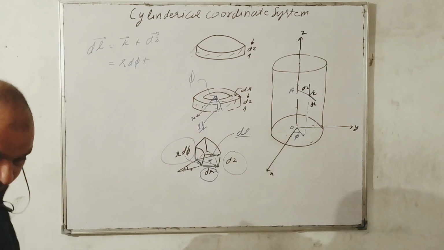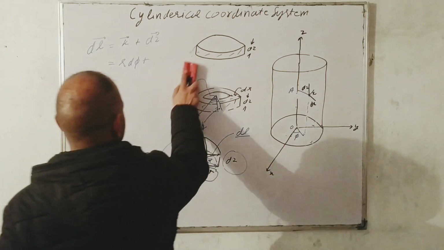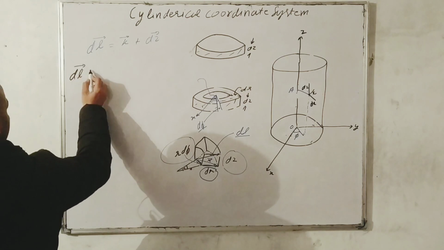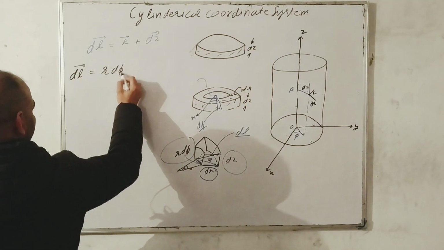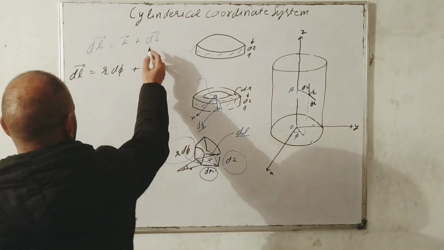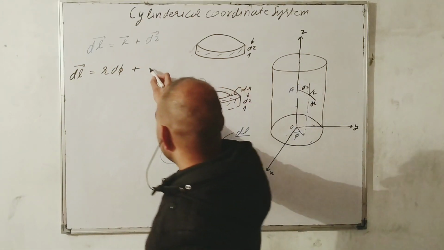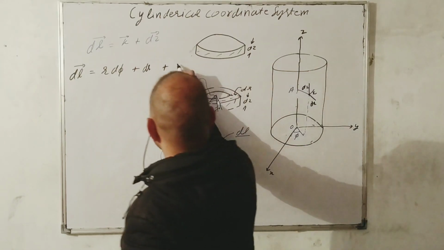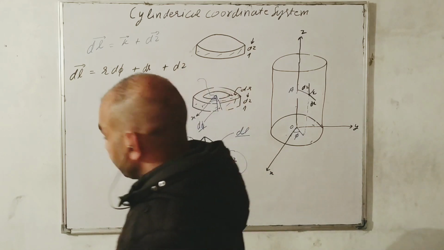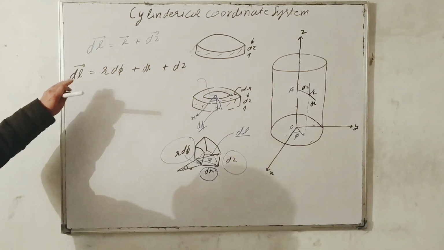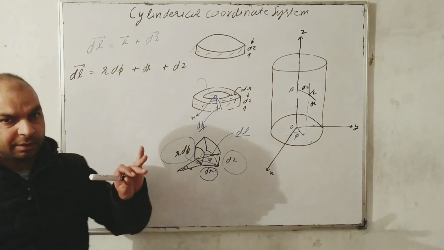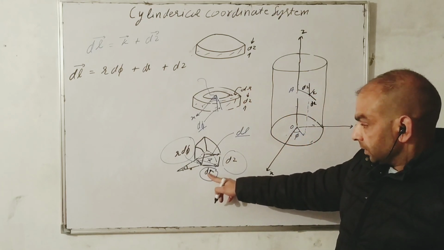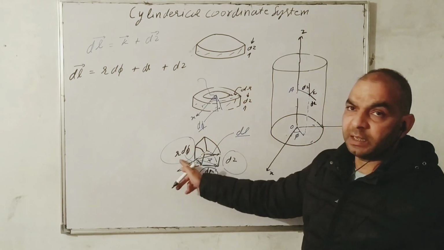So the dl vector equals r d phi plus dr plus dz. Now all these are only magnitudes, as the line element is a vector. Now we will write the direction. I could write it as the dr vector, dz vector, then d phi vector.